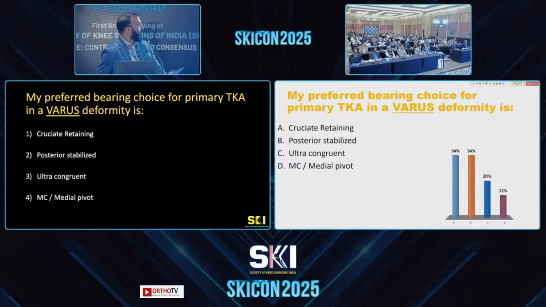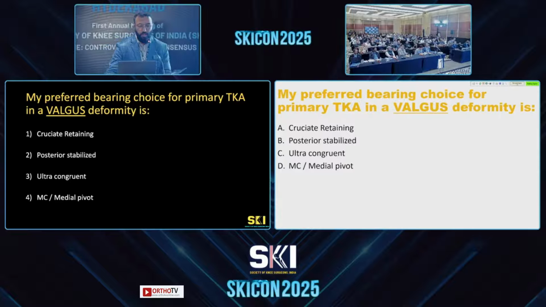So, a tiebreaker between CR and PS. Ultra congruent is third with 20%, and medial congruent or medial pivot is the lowest at 12%. So CR and PS still seem to be the top choice.